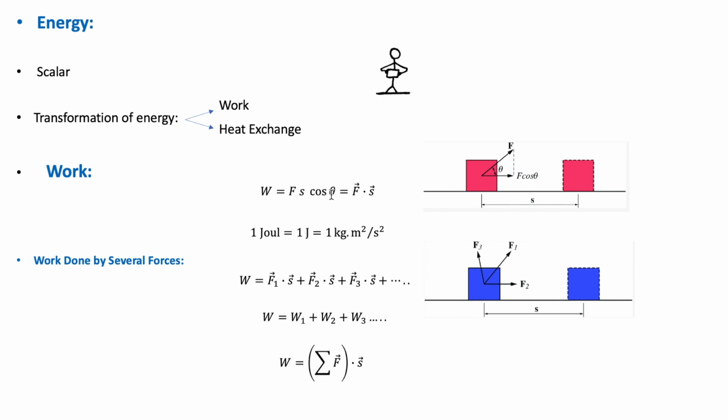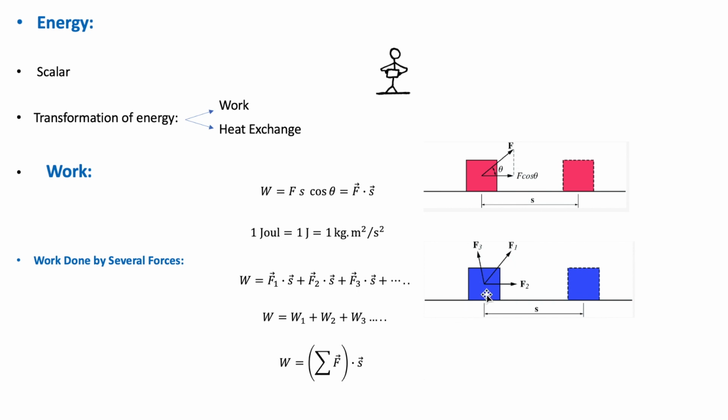Theta here is the smaller angle between F and S. The component of F in the direction of S, which is F cosine theta, is the only effective component that produces motion, okay? The work done represents energy transferred to or from the object via that force.